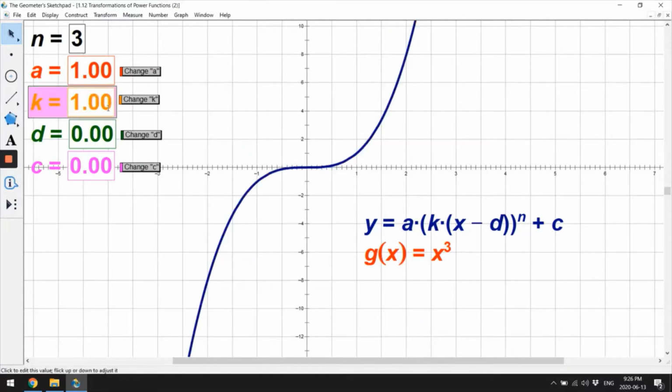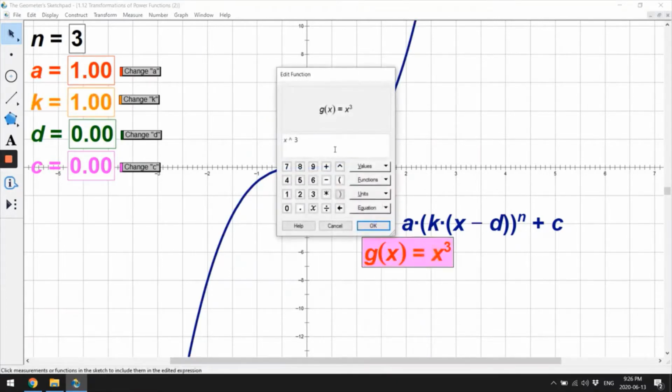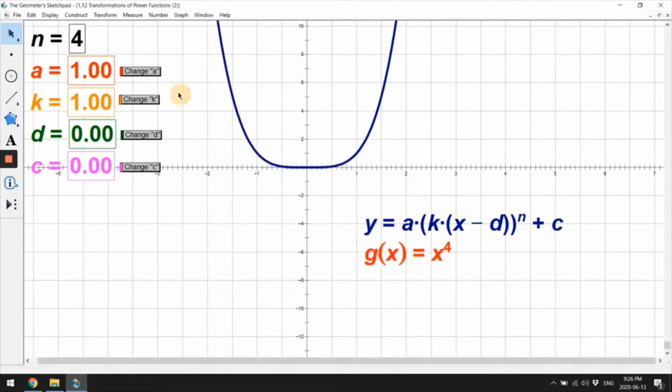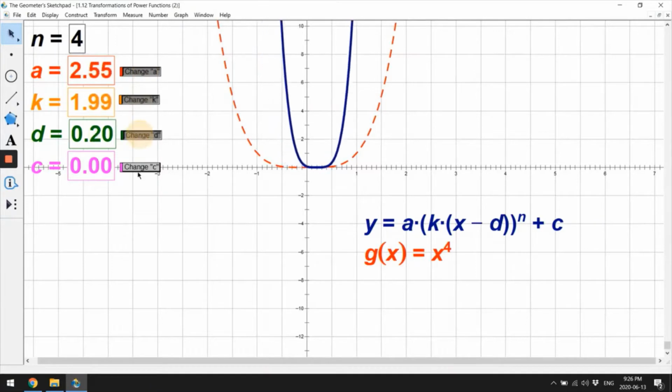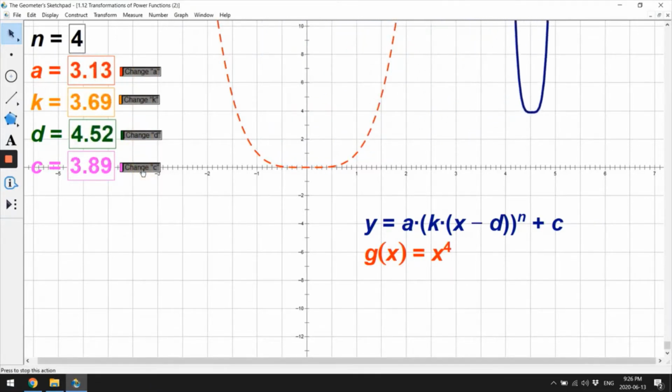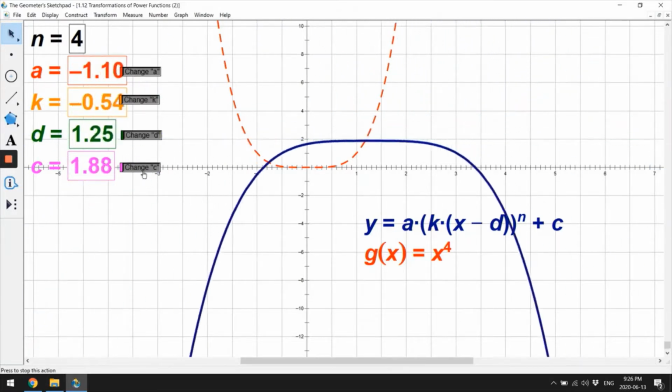Okay, so that's all the things you did last year. I'm just going to change it to a quartic just to show you could be transforming cubics, quartics, quintics, doesn't matter, any power function. So that's what we're going to be doing in today's lesson, just transforming any power function you want.